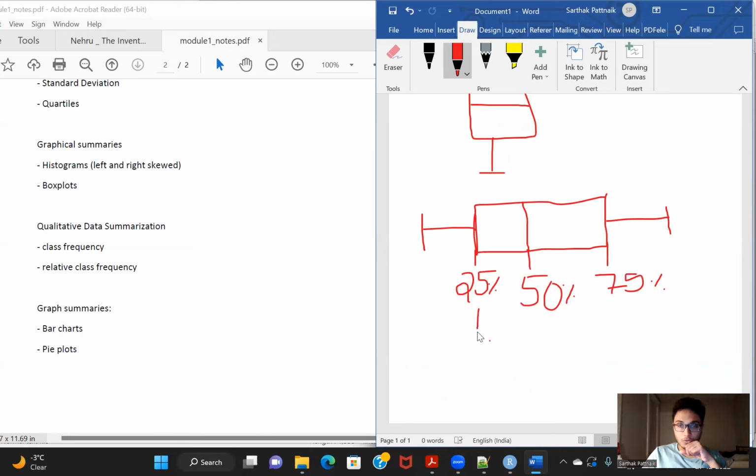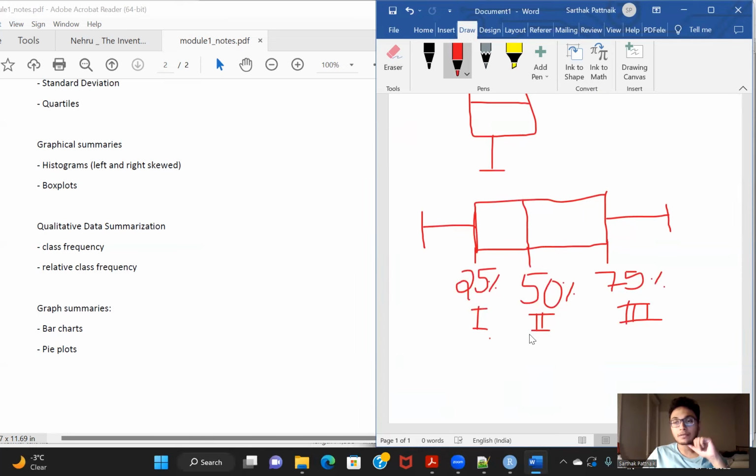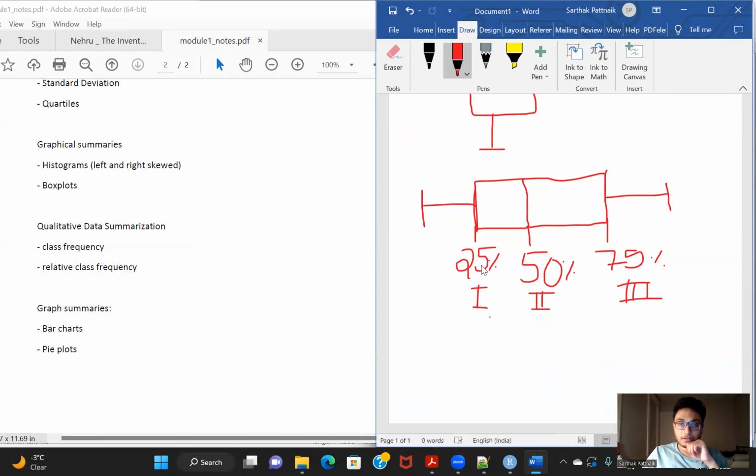This is called the first quartile. This is called the second quartile. This is called the third quartile. Okay. Now, there is a limit to which a histogram, sorry, a box plot can extend.